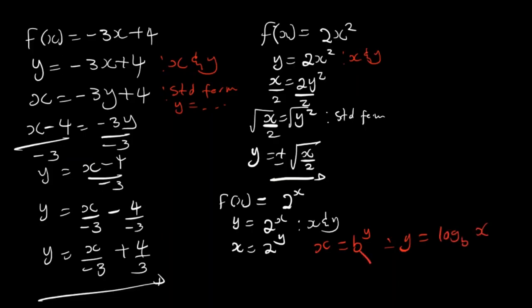As you can see, this is the base, and in logs this is the base. So you're going to do the same thing here, meaning that you're going to say y is equal to log, so your base is 2, you're going to put your base there, and then x. So this will be your inverse.